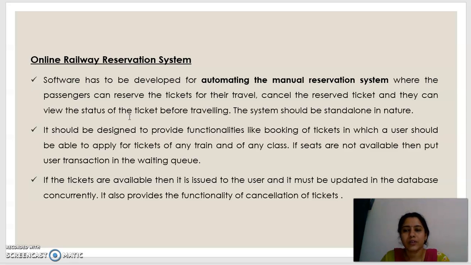Sometimes while the transaction is happening, if your amount is deducted but you don't get the ticket booked, then the amount should be refunded to you. So there are many things in the railway reservation system also, so you have to specify all the things here.